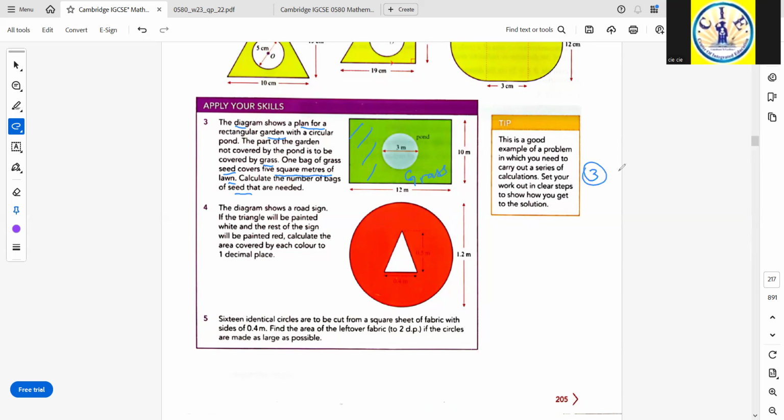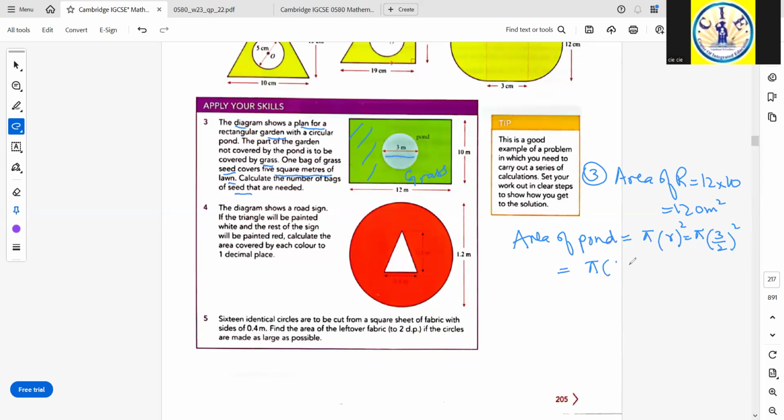Okay, now it is for question number 3. So we would be calculating area of rectangle, that is 12 times 10, 120 meter squared, and then area of pond, that is pi times r squared, which is equal to pi times 3 by 2 squared, because this is the diameter of the pond, so I can have pi times 1.5 squared.